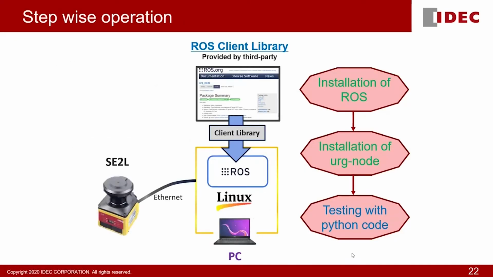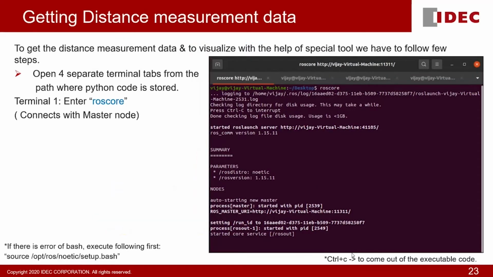So in the next step, after installation of the URG node, we'll proceed to the Python code. Before that, we'll see a few more commands which might be useful before using the Python code. Initially, for executing the Python code, we have to open 4 different terminals. I'll tell you why.